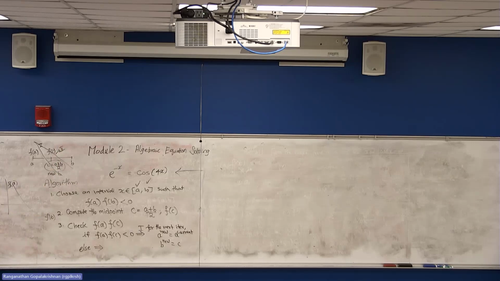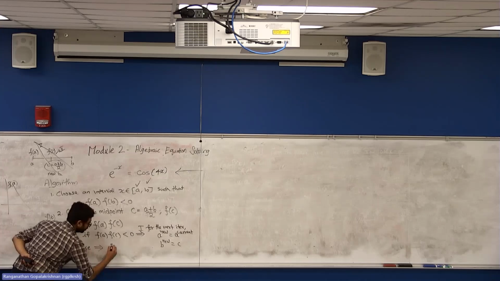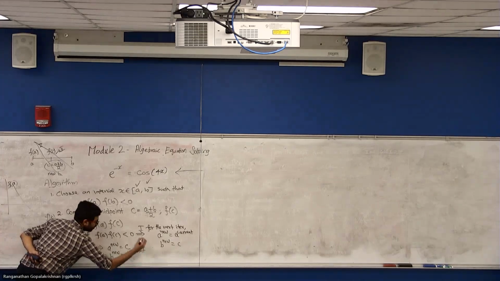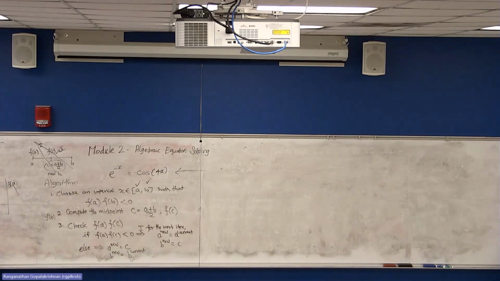In that case, C becomes the new A. So A new becomes C and B new is just B. That's it. That's your algorithm.